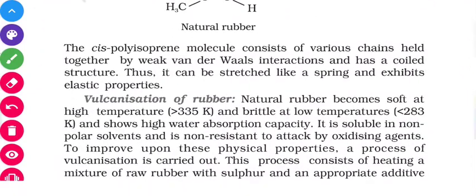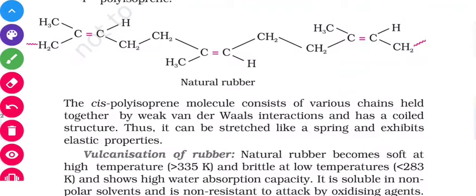Now the isoprene molecule consists of various chains held together by weak van der Waals attraction. That means if you observe this molecule, because of sp3 hybridization of carbons, it will be zigzag in shape, and two adjacent carbons will try to attract each other.